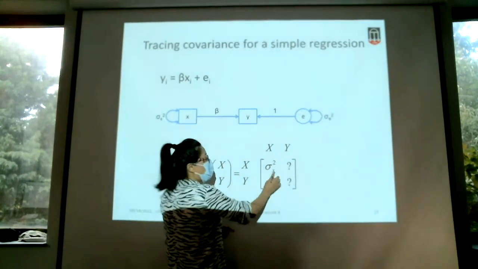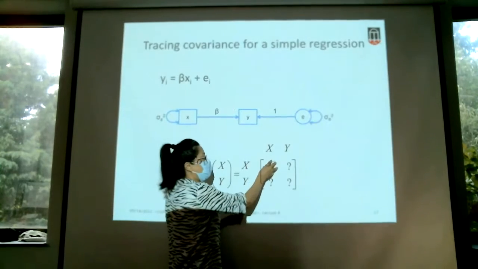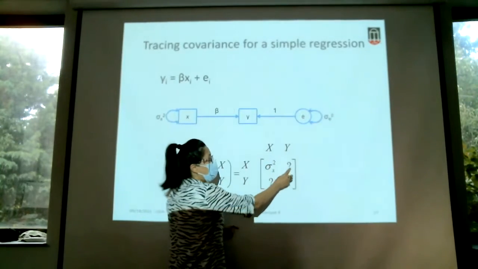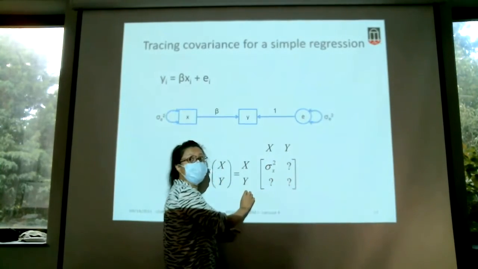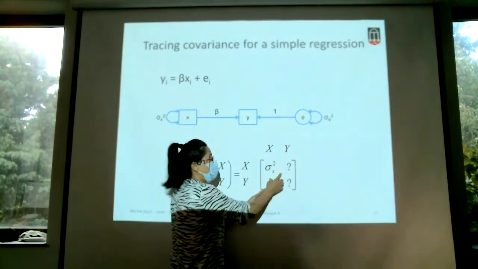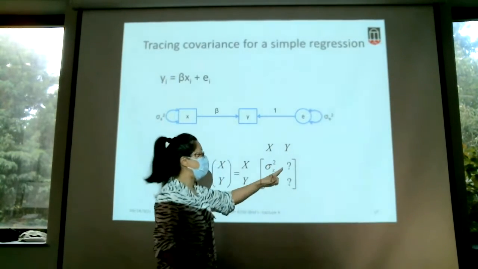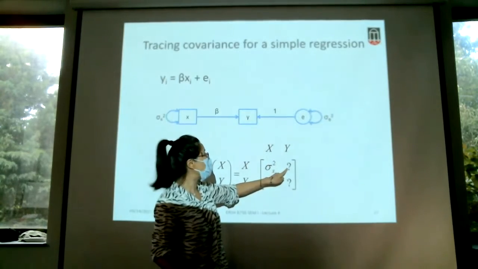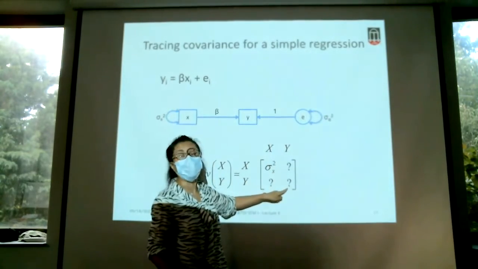Suppose this part is given, the variance of x. Then what is this question mark? You don't need to figure out this part because these two elements are the same. But you need to know the covariance between x and y, and the variance of y.